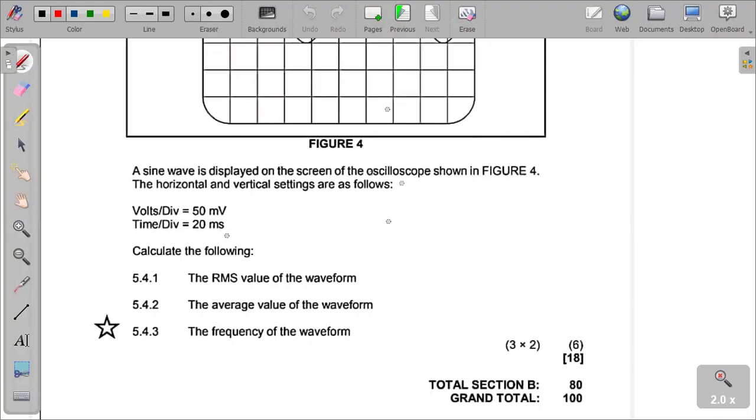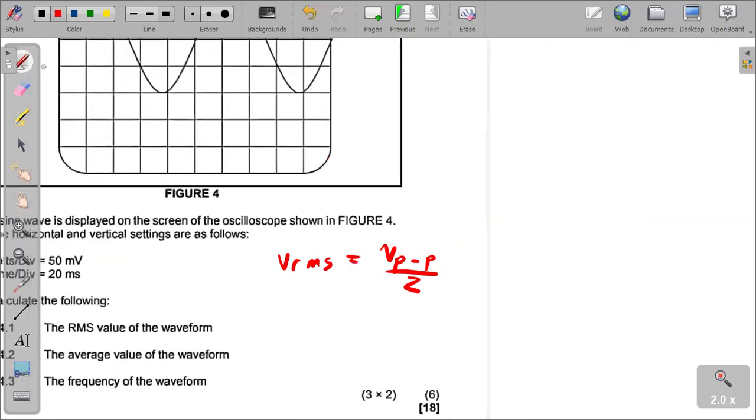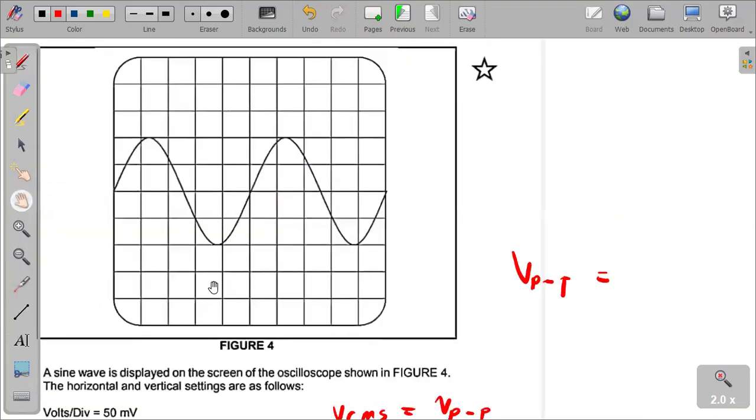So VRMS is equal to V peak to peak over 2. So we first need the peak to peak voltage. In order to calculate the peak to peak voltage, on our diagram, what we do is we count the number of blocks from the negative peak to the positive peak right here on top.